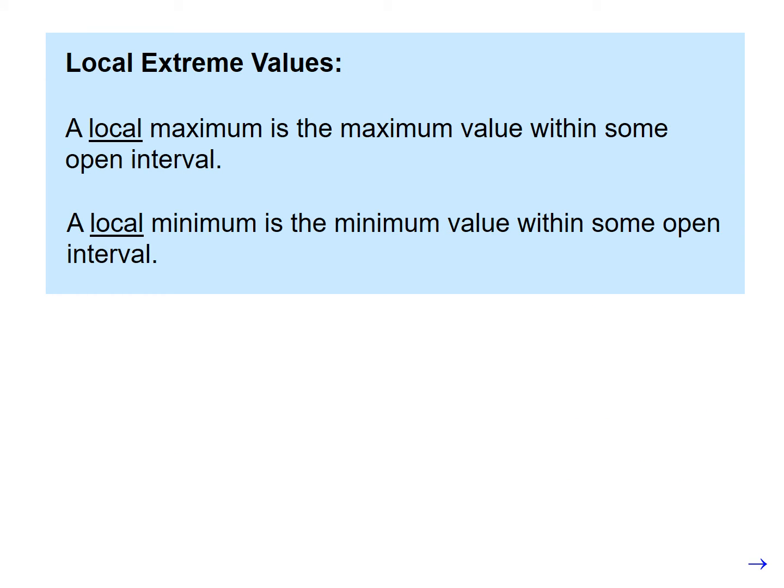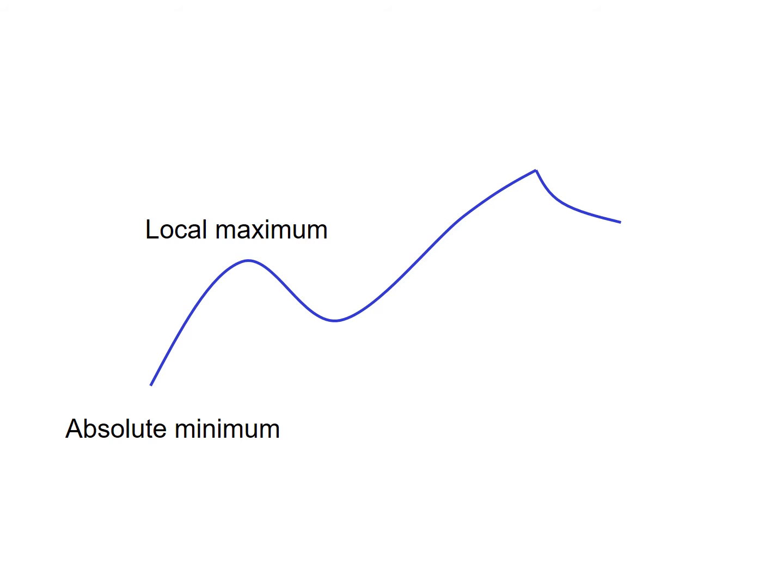Now, sometimes we have what we call a local max or a local min. A local min is just a point on the curve where the derivative goes from positive to negative, or negative to positive. So this is an absolute min. This is what we would call a local max.